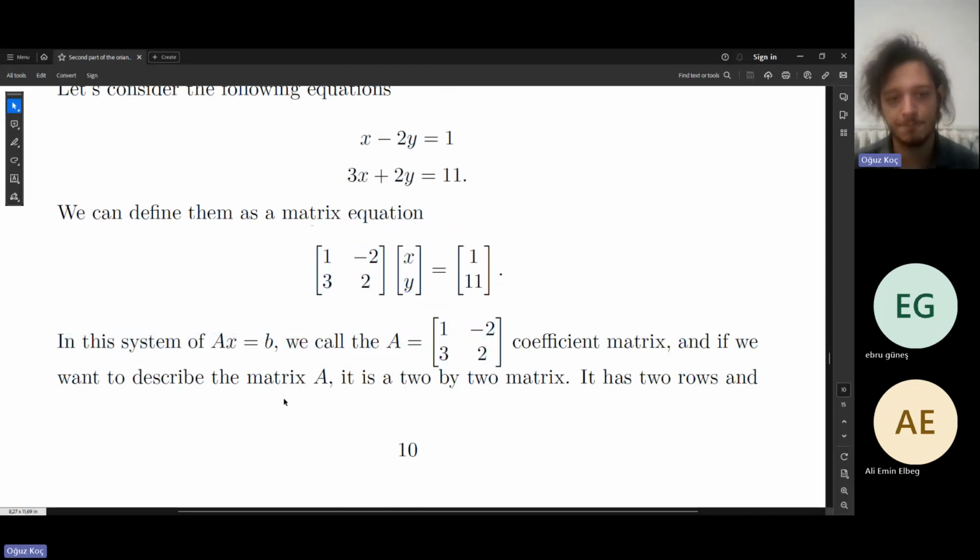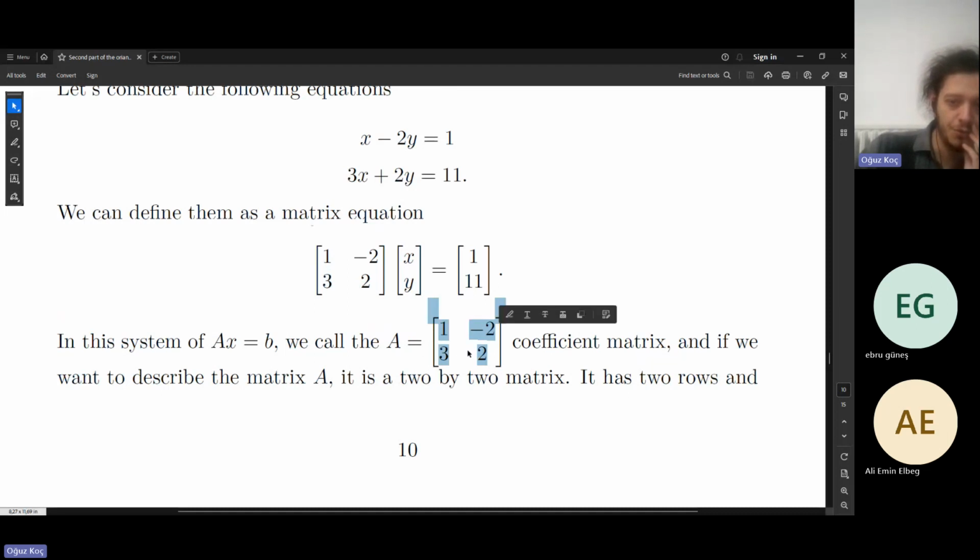And then we have the description for these matrices. If we take the matrix A, we can say that it's a 2 by 2 matrix because it has two rows and two columns.